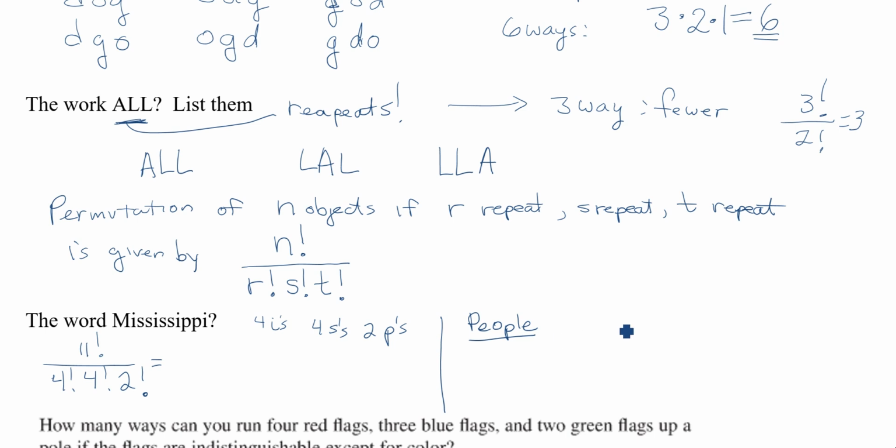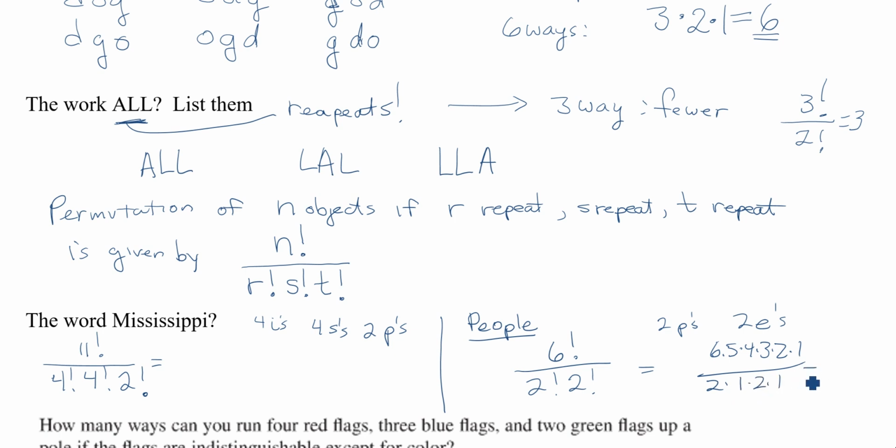In the word people, there are 6 letters altogether. There are 2 P's, so I have to divide by 2 factorial. And there are 2 E's, so I have to divide by another 2 factorial. That gives me 6, 5, 4, 3, 2, 1, over 2, 1, 2, 1, which gives me 360 ways.